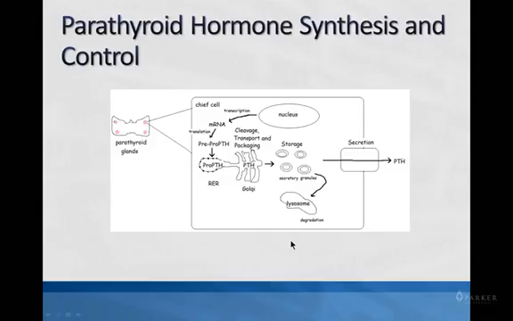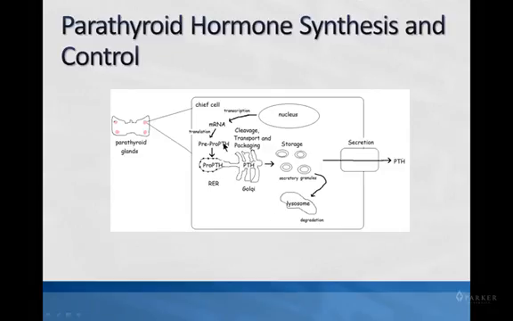Now the hormone, the synthesis and control: it's mainly made by the chief cells. You don't have to memorize that. It's okay that you don't know the chief cells. There are a number of steps involved in the synthesis, and you don't have to memorize this little picture. But I want to discuss what the major stimulus is for this to be produced.